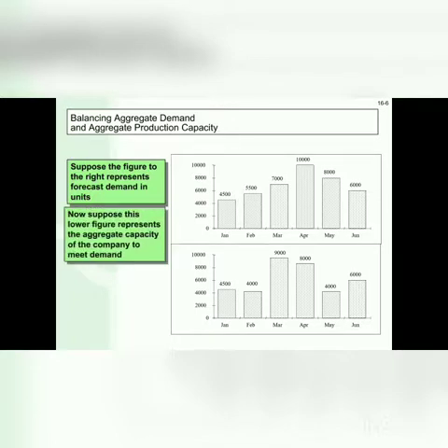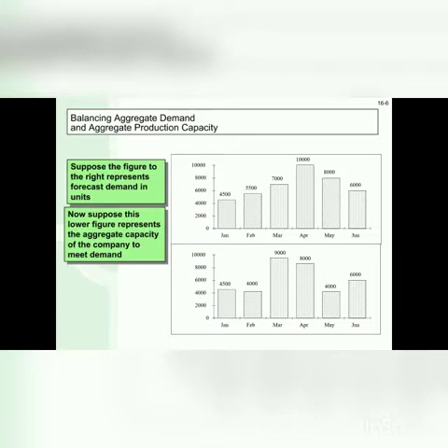Now suppose this lower figure represents the aggregate capacity of the company to meet demand. Here you can see in January we can produce 4500 units, that is the capacity of the company. In February, it is 4,000. The capacity has reduced due to some reason.